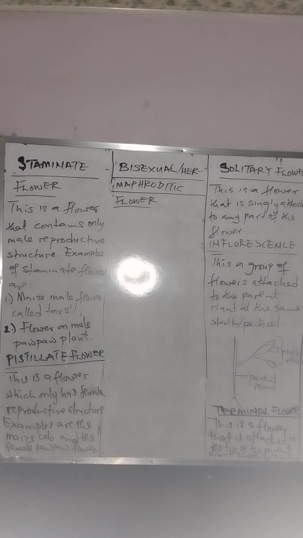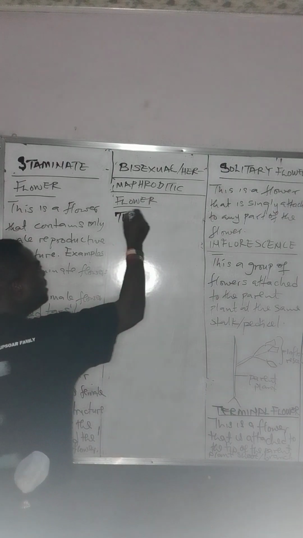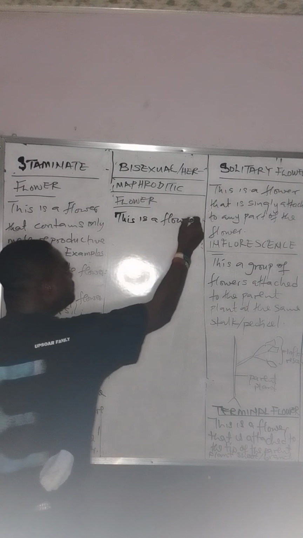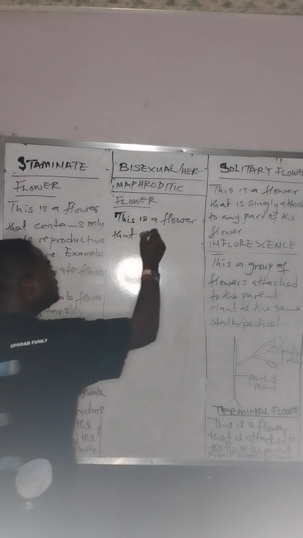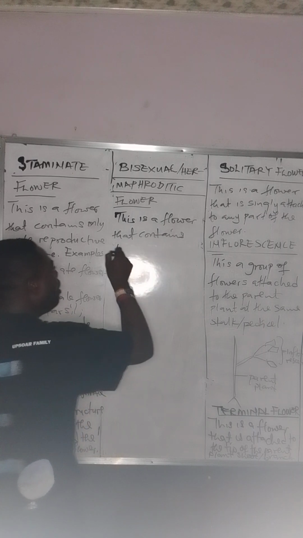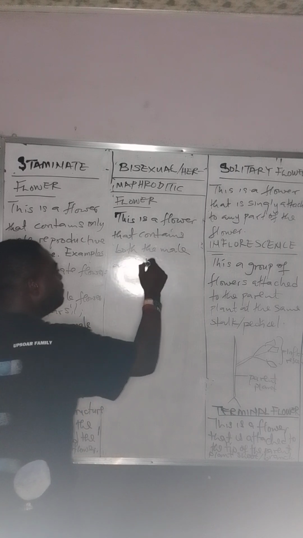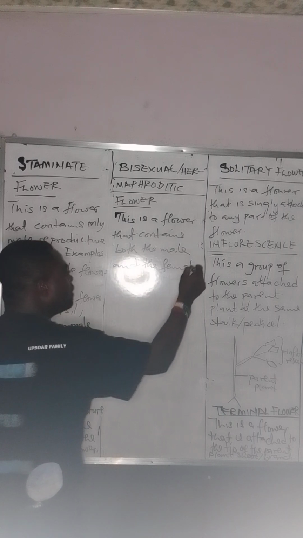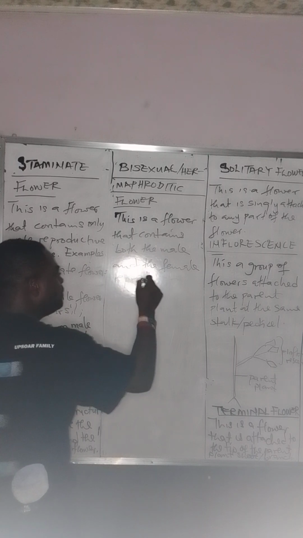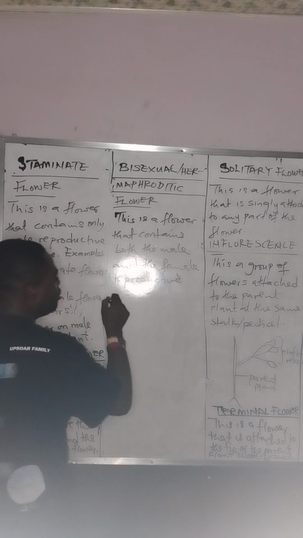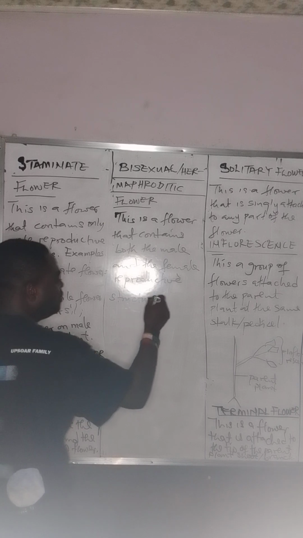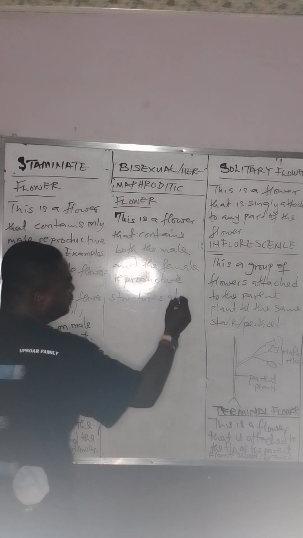If a unisexual flower only contains either male or female, then a bisexual flower will contain both male and female. So this is a flower that contains both the male and the female reproductive structures all together.